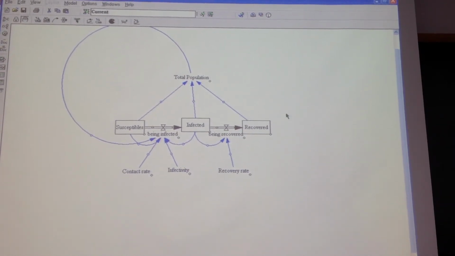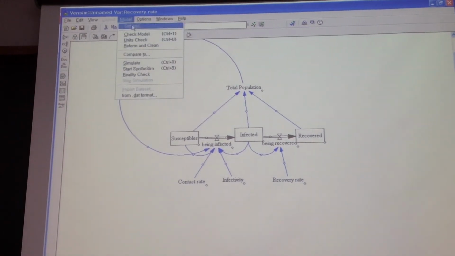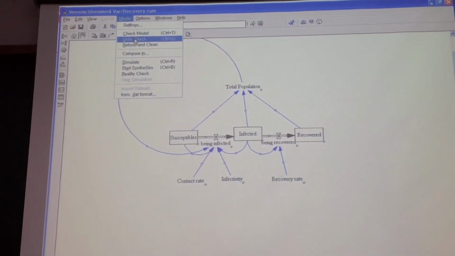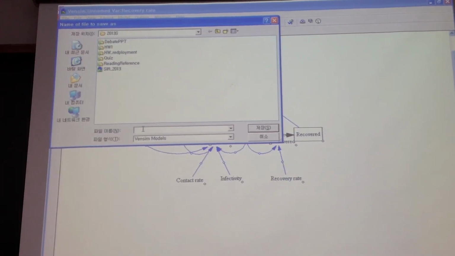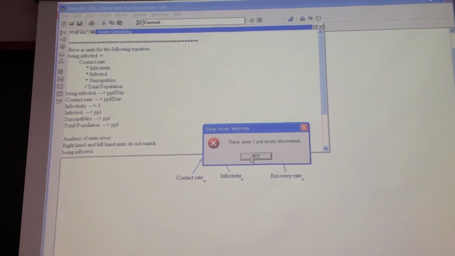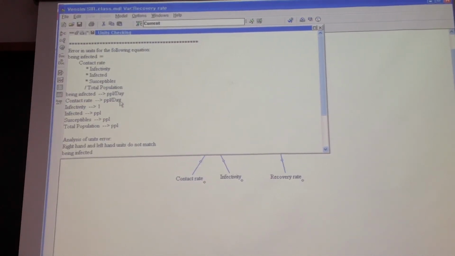Now I should be able to run the model. So let's just check. First, a unit check. Unit error, recovered. What's wrong?